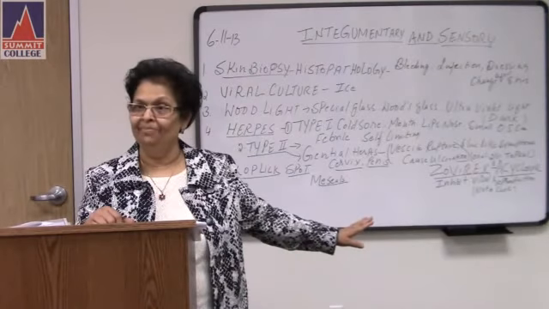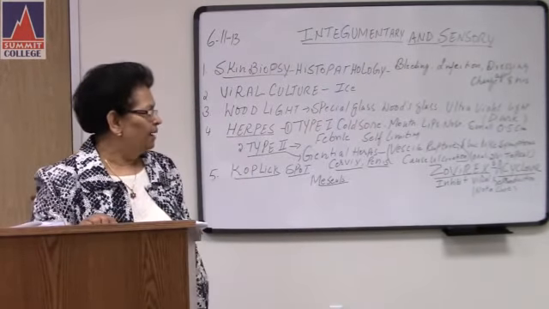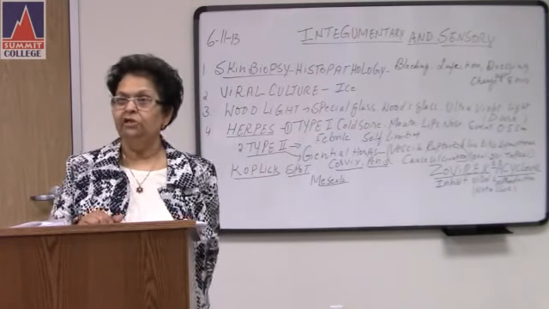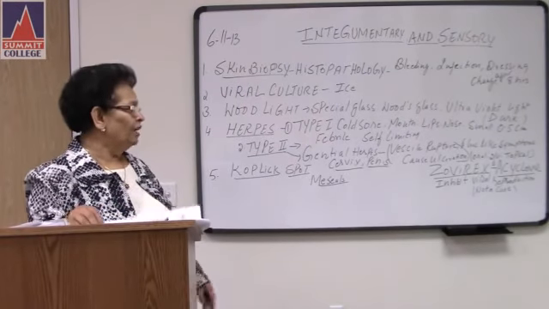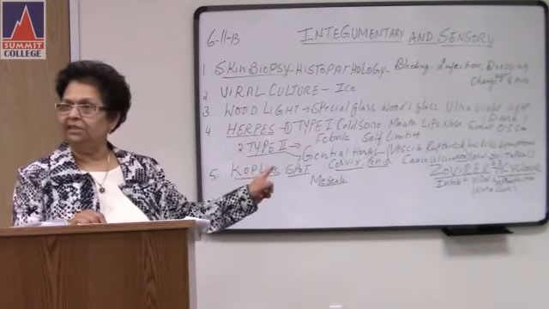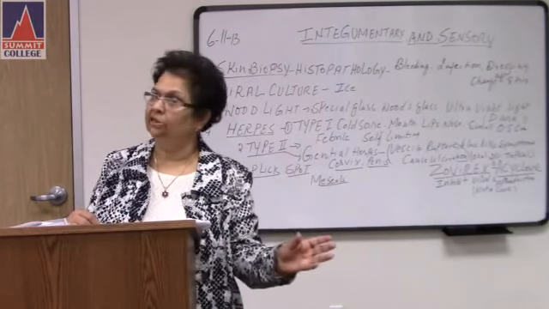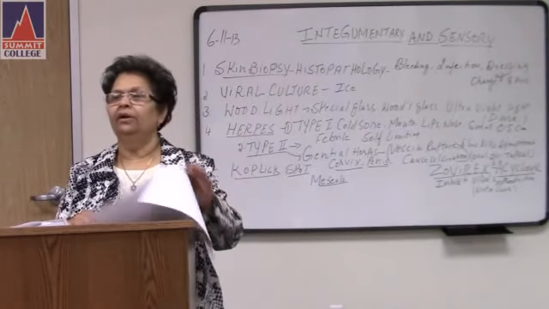Write down the medication is Zovirax, and you can give it by oral, IV, and topical. Topical means you're applying it on the skin. And what does it do? Remember the answer, inhibit viral reproduction. We all must know it's inhibiting viral reproduction.